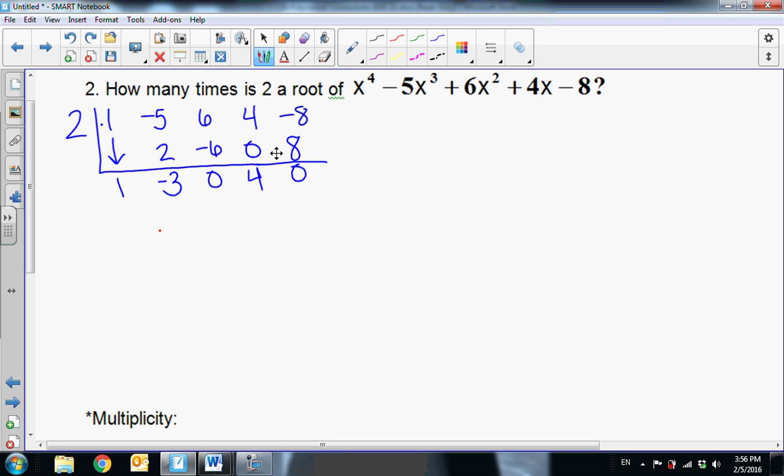All right, and what do we find out? Yeah, this is in fact a root. So we know it's a root. Now the question kind of implies that it's a root more than once. So we're going to keep going. Now I could rewrite this and then set up synthetic division, but wouldn't these just end up being my top row? Yeah, so I'm just going to set up synthetic division again right here.